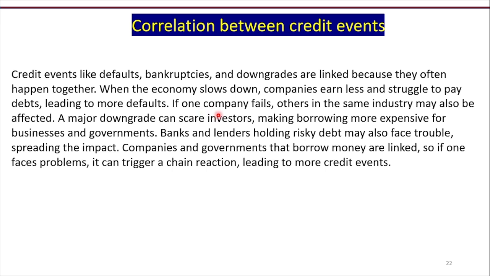So understand that company A also affects company B when there are bankruptcies or the country's economy is going down. You can see the example in Pakistan. A lot of textile industries were affected, and after that they shifted from Pakistan to Bangladesh, because the economy of Pakistan is slowly going down due to high interest rates, taxes, and many other factors.